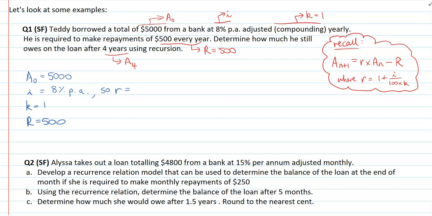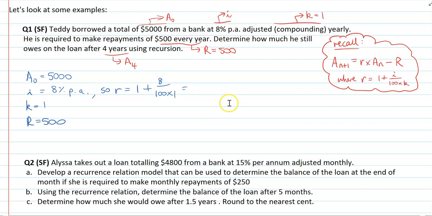Again, another good habit is always to write down your facts once you've processed the question. The information I'm missing is the little r or common ratio. So r is going to be 1 plus our interest over 100 times the compounding period, which in this case is 1. It gets hit with interest once a year.